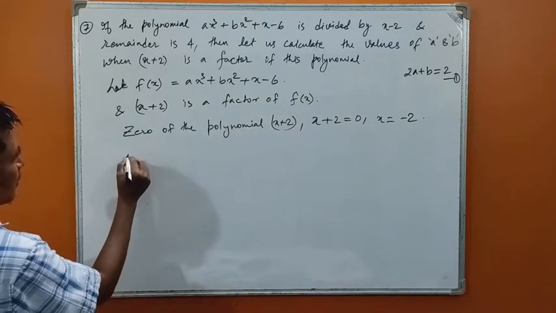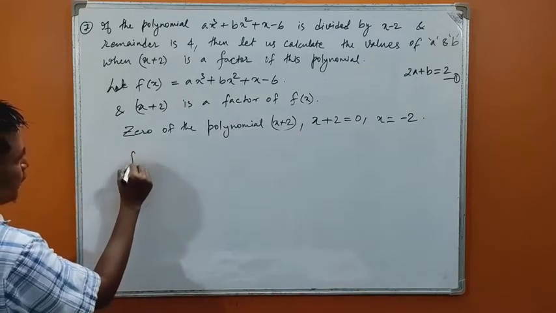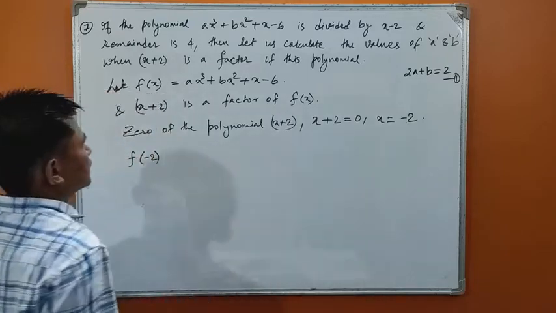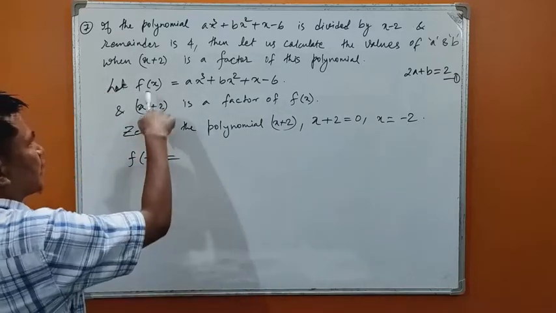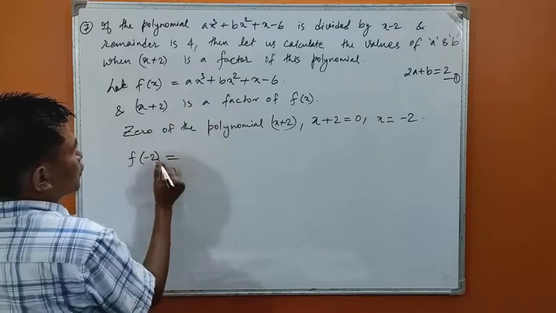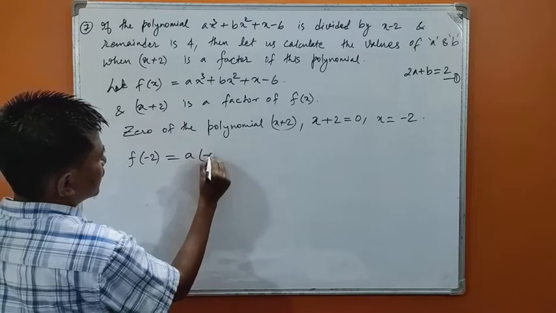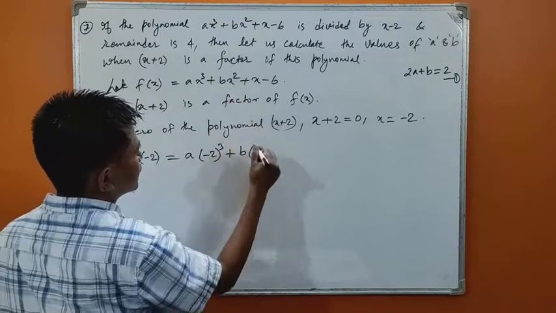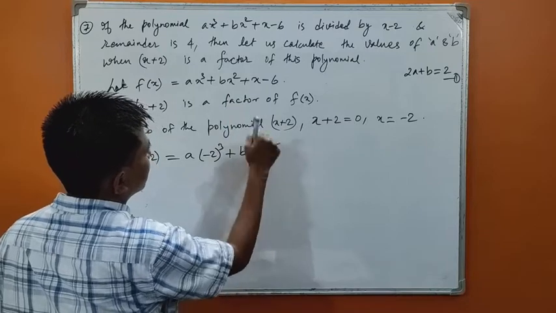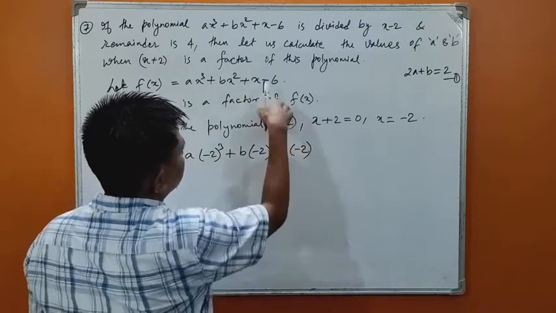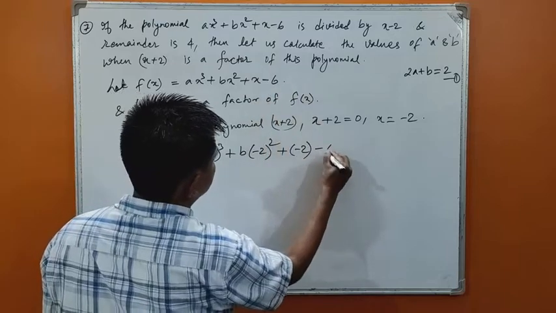Now the remainder will be f(-2), isn't it? Since f(x) is this, f(-2) will be, instead of x we write minus 2: a into (-2) whole cube plus b into (-2) whole square plus (-2) minus 6, isn't it?